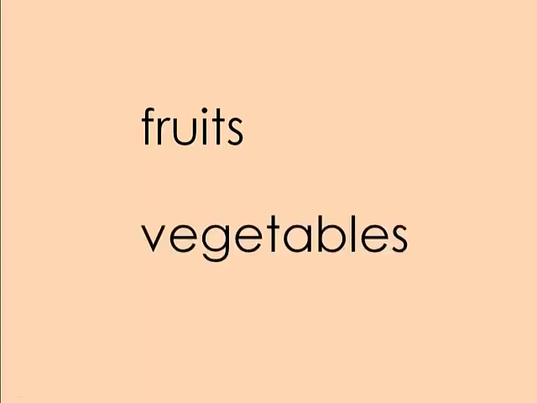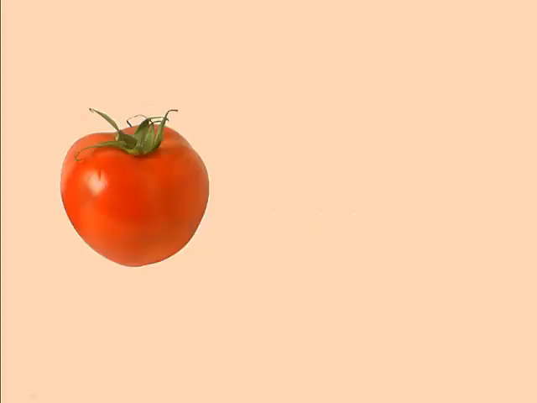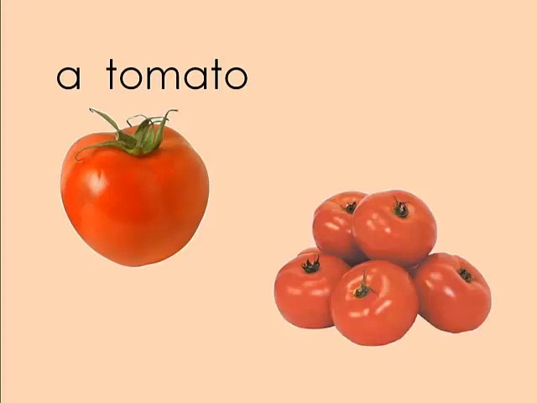Now let's look at some vegetables. What is this? It's a tomato. Look at the last two letters, consonant O. So these are tomatoes, ES.